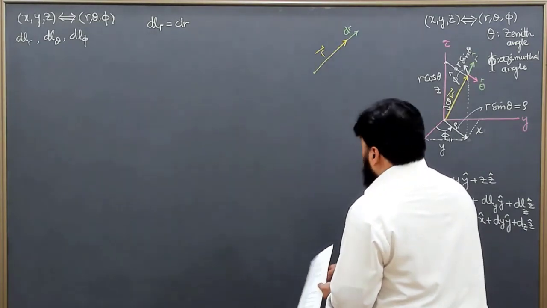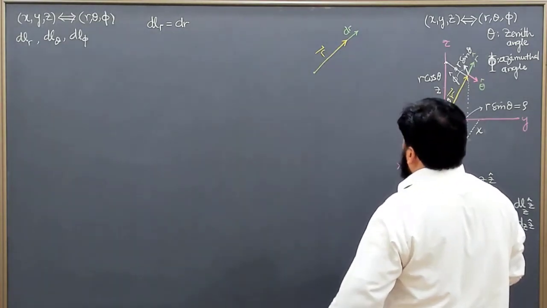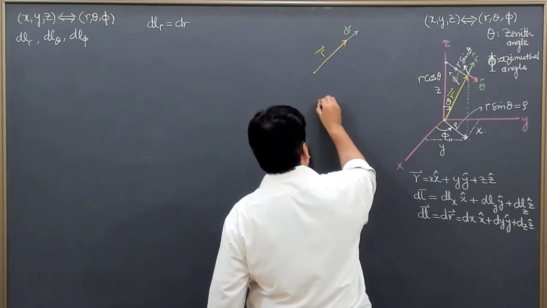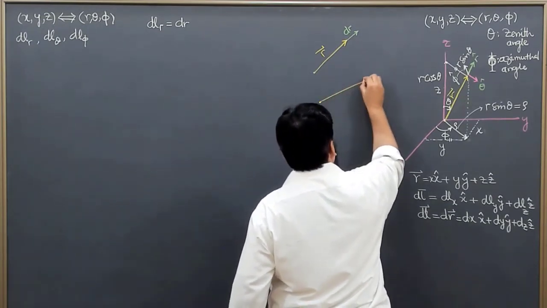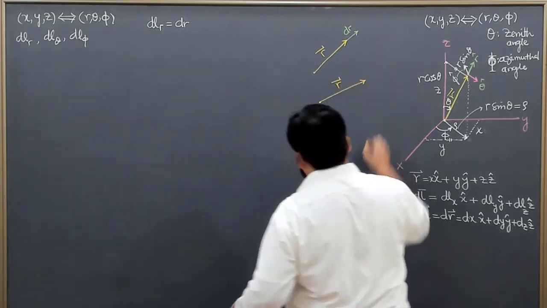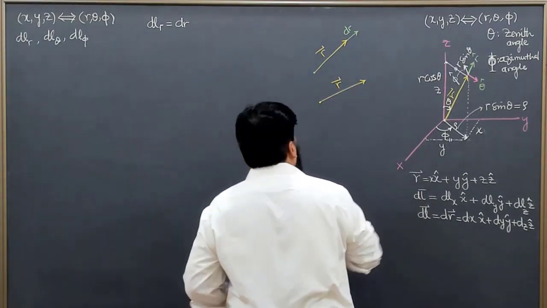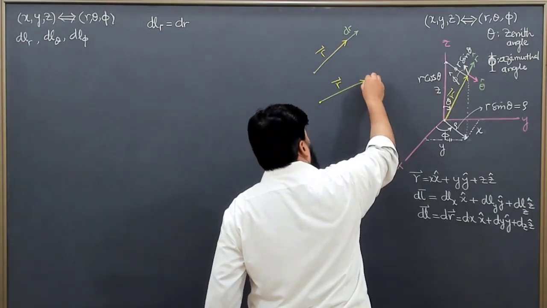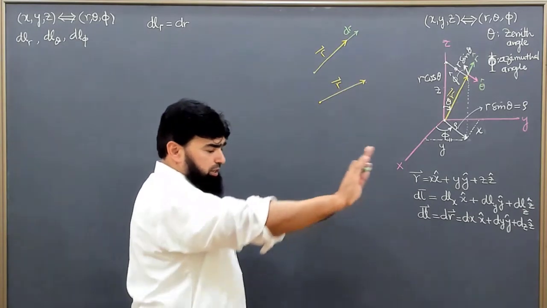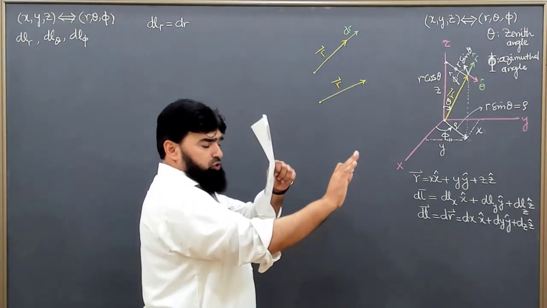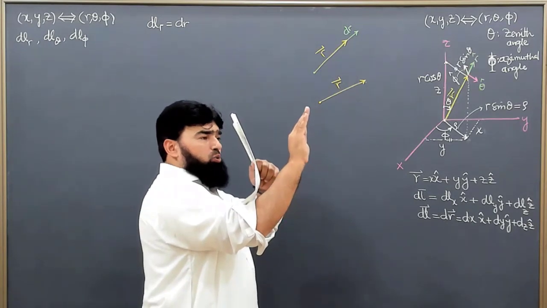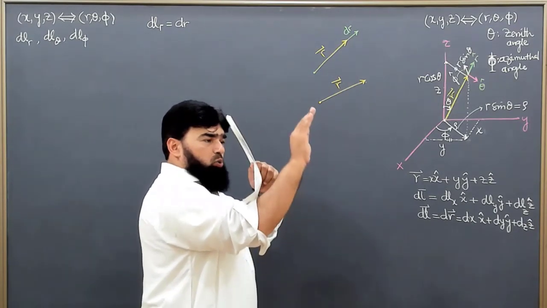Now let's say we are moving this same r. Let me design another figure here. Let's say this is r, and now this r is changing along the theta unit vector. For example, this is the z axis, the straight line, and this is our vector r. So along the z it will go like this.